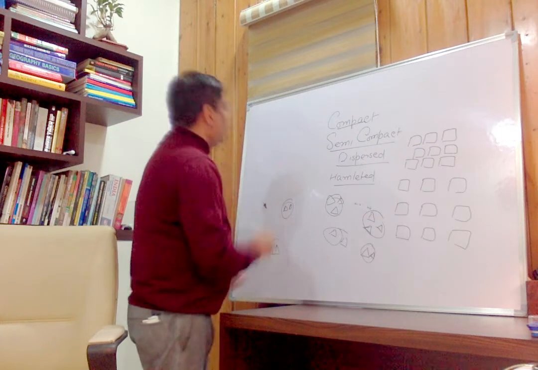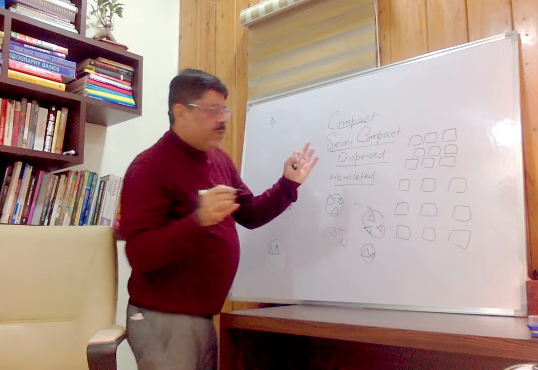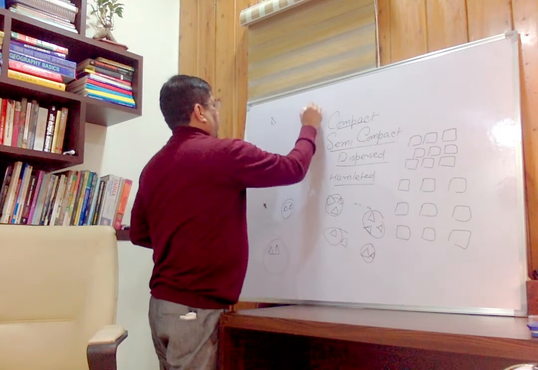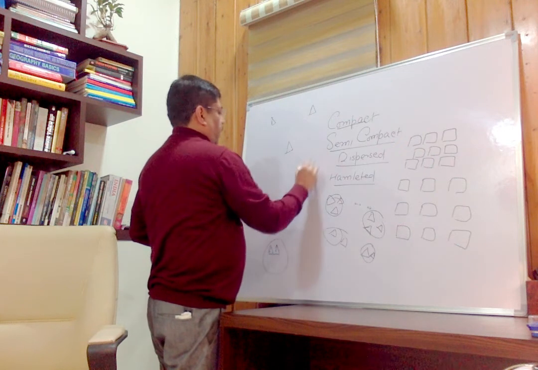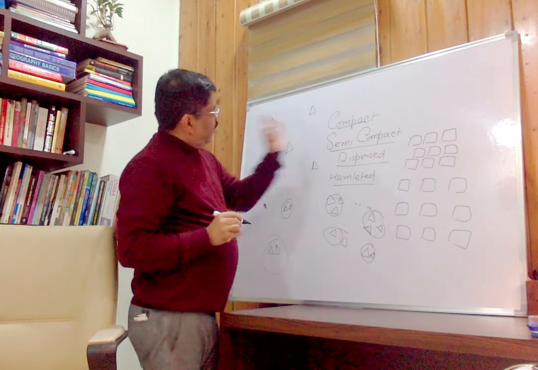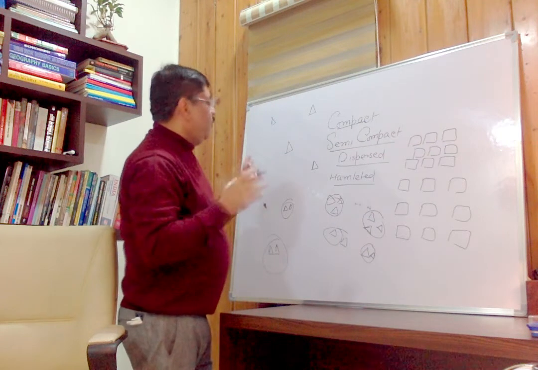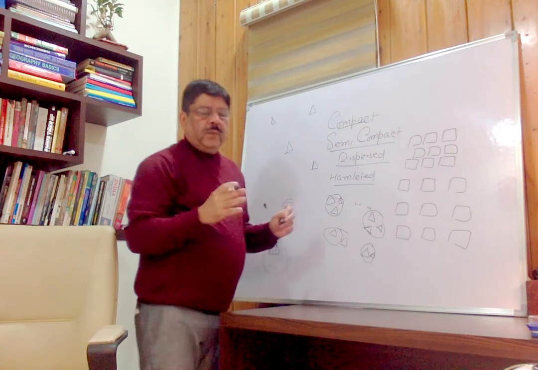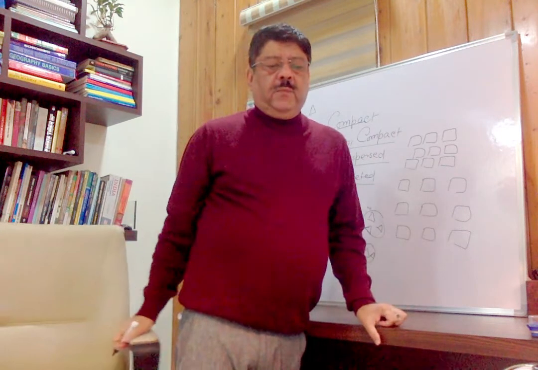Now, what is hamleted? One isolated dwelling here, one isolated dwelling here, one isolated dwelling here, one isolated dwelling here. Why are we calling them one village?